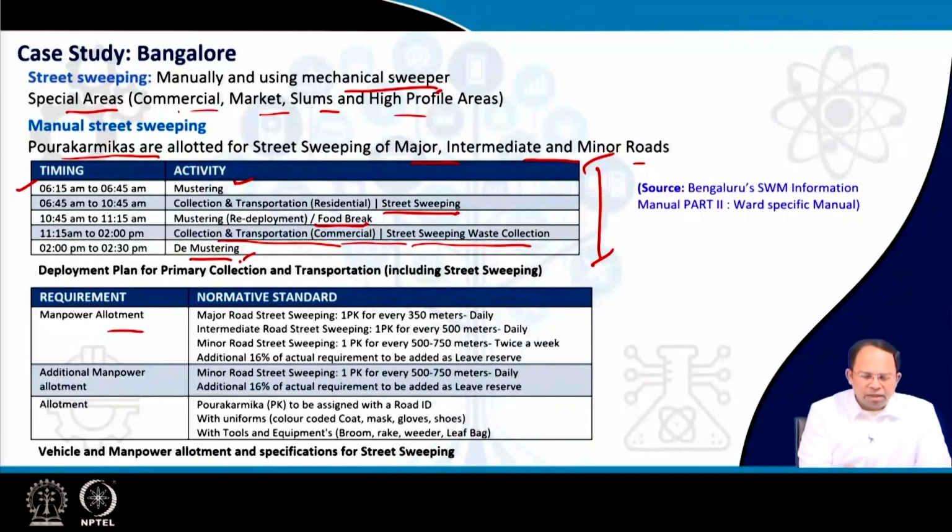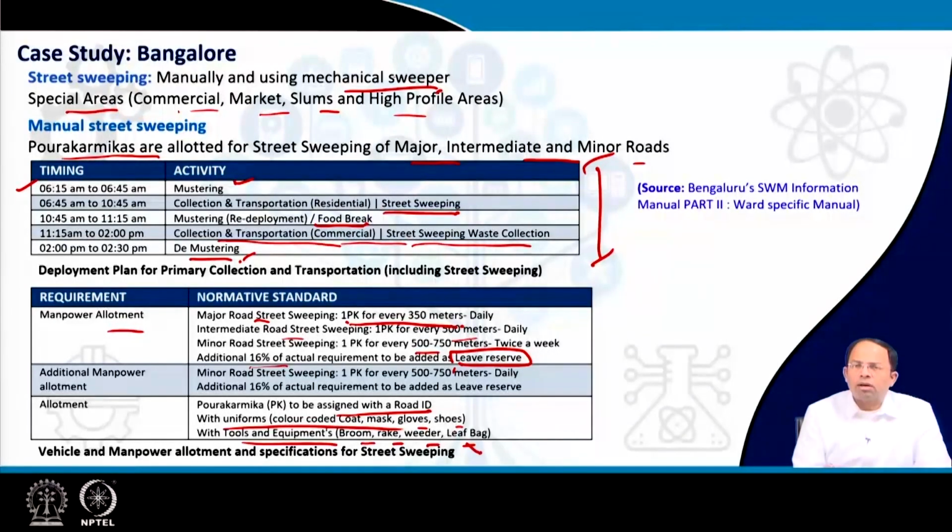The manpower allotment: one Porokarmika for every 350 meters for major roads, 500 meters for intermediate roads, and 500 to 750 meters for minor roads, and around 16% of the actual requirement is added for people to take leaves, as leave reserve. Porokarmikas are also assigned road IDs, uniforms, color-coded coats, masks, gloves, shoes, and tools and equipment like broom, rake, weeder and leaf bag.